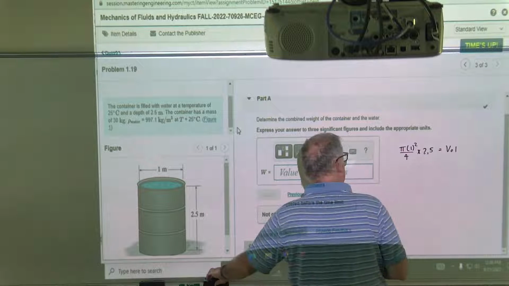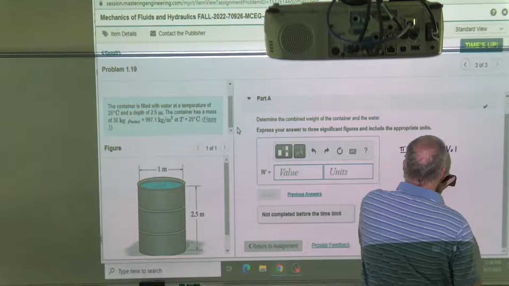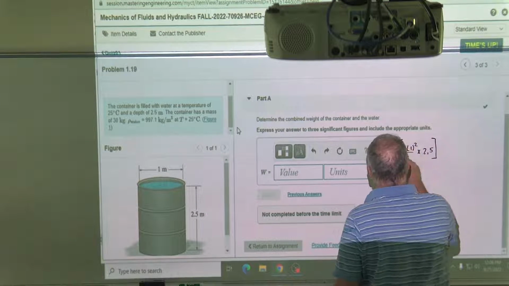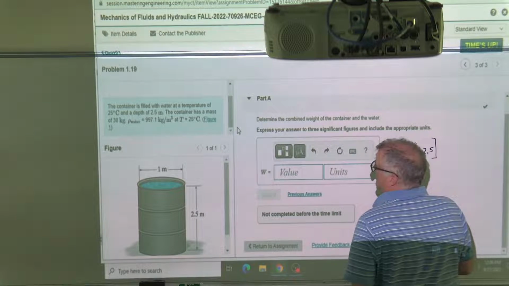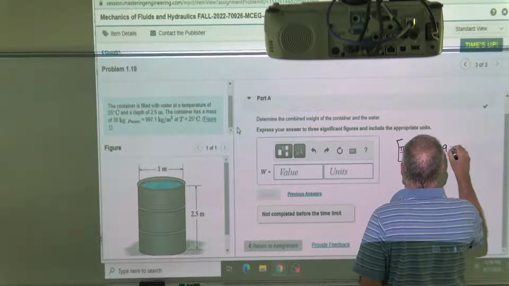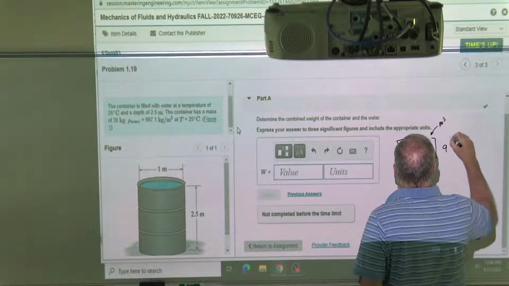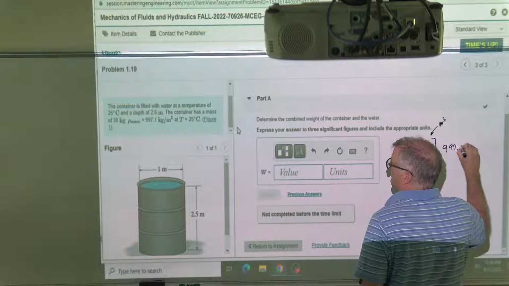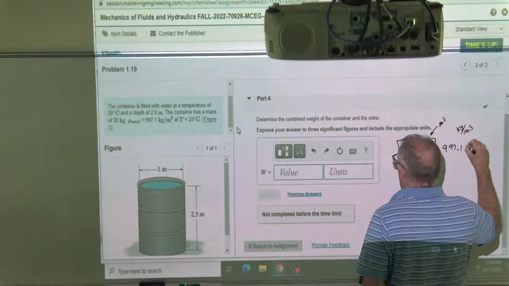But he wants the weight, so if I wanted the mass of the water in there, it's water, so this would be in meters cubed, 997.1 kilograms per meter cubed.